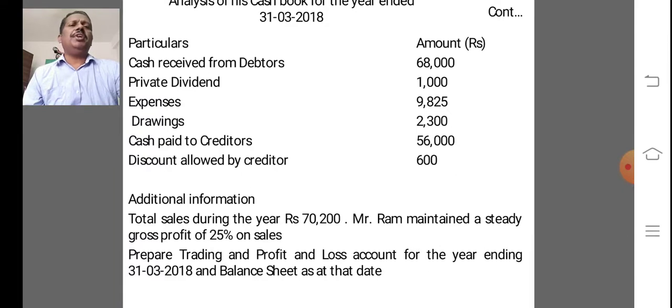Additional information: total sales during the year 7,200. Mr. Ram maintained a steady gross profit of 25% on sales.